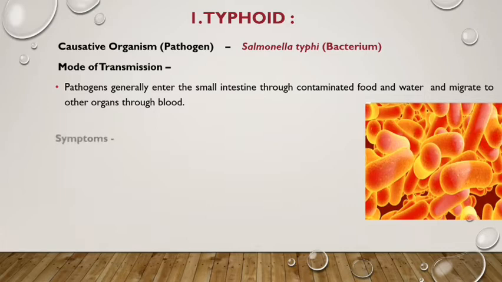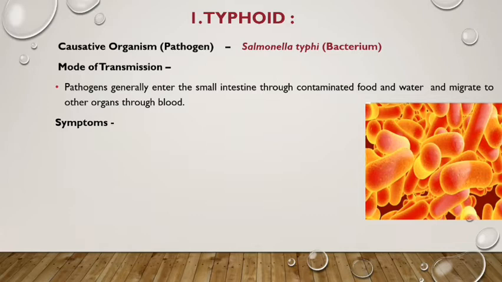Then my dear student, if Salmonella typhi has entered a human body and chosen the small intestine, then through the small intestine they have increased their population, and now through the blood stream they have started to reach the different organs.